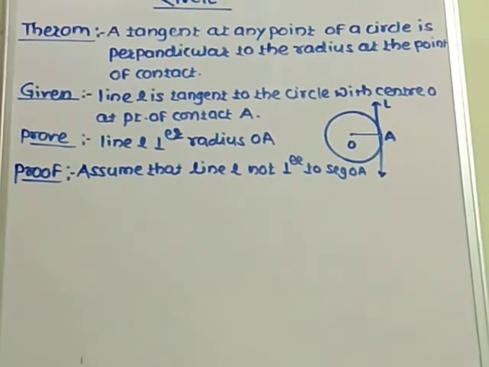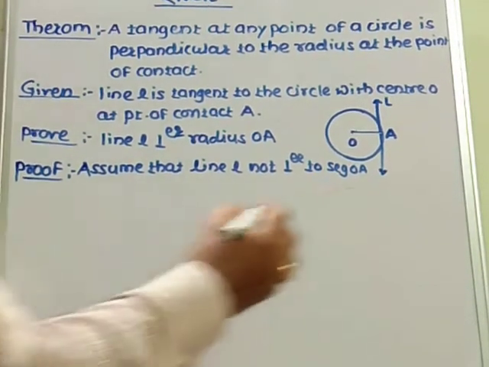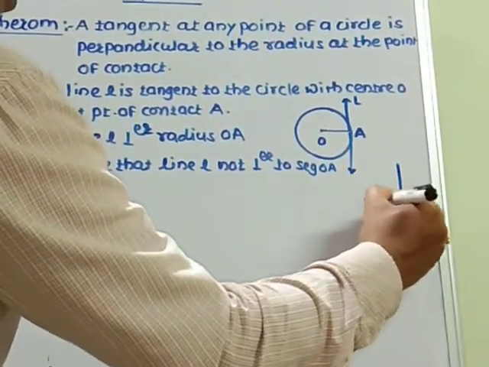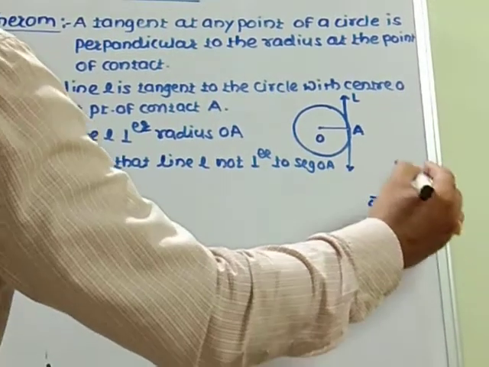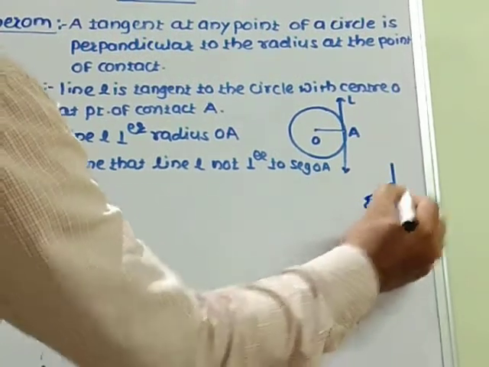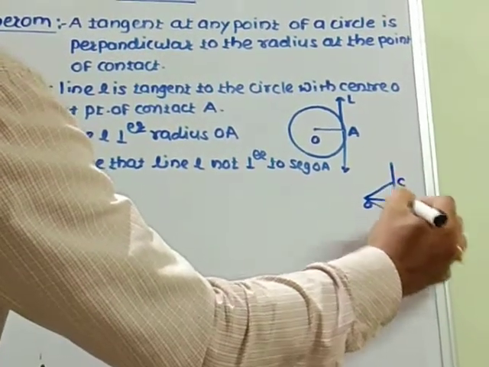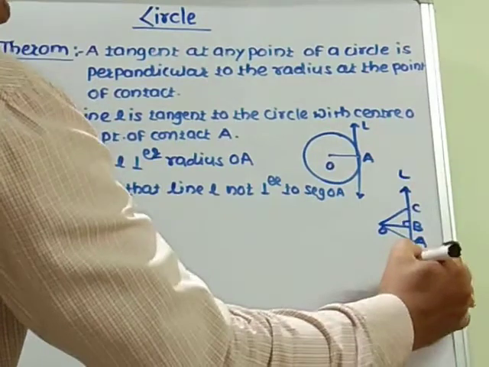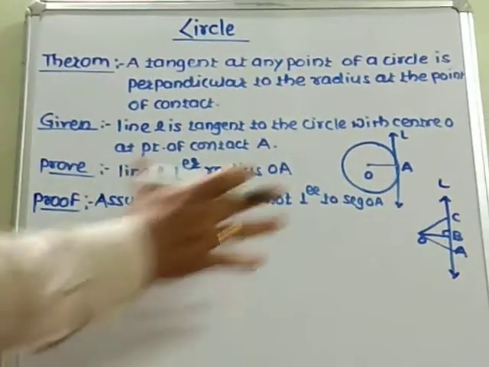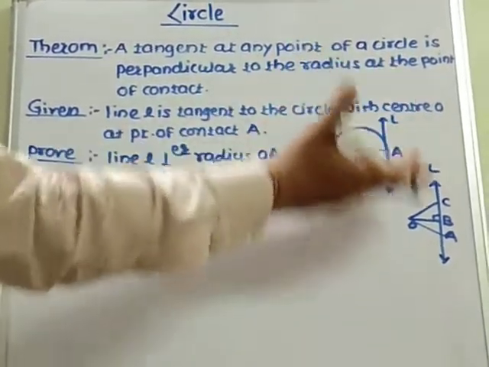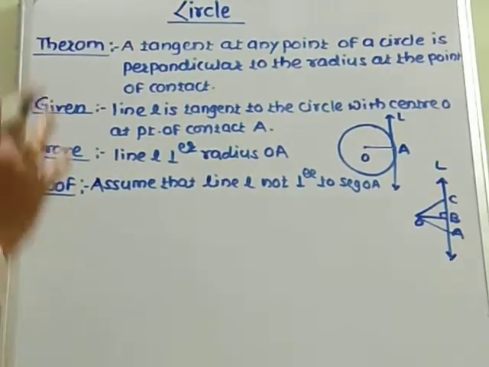Now we draw segment OB, and here we draw other lines, OC and OE. This is line L. We are considering that L is not perpendicular to OA.